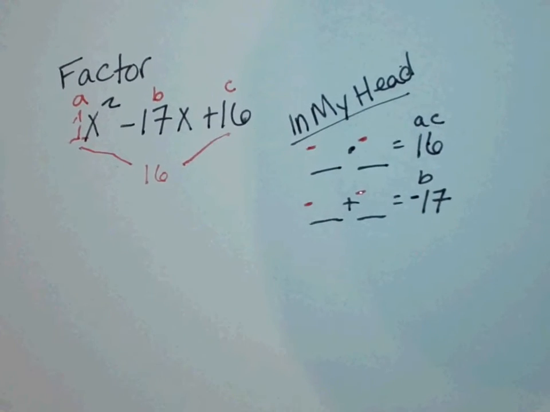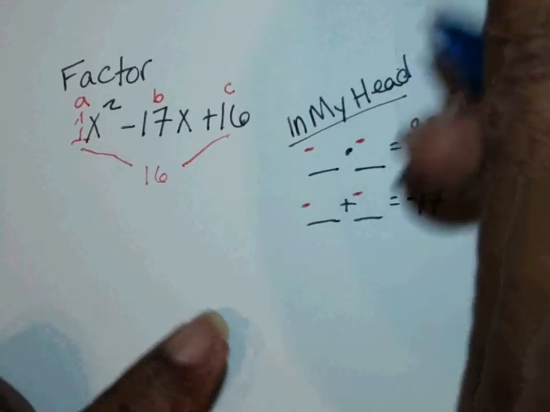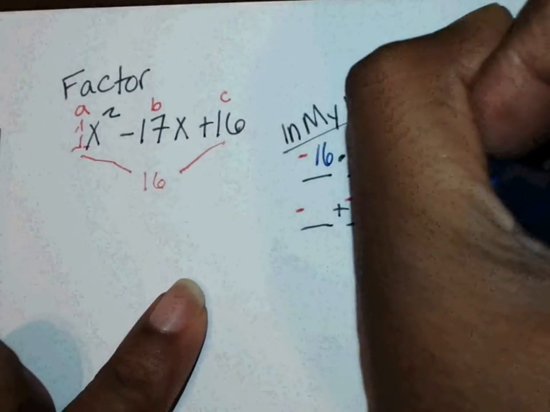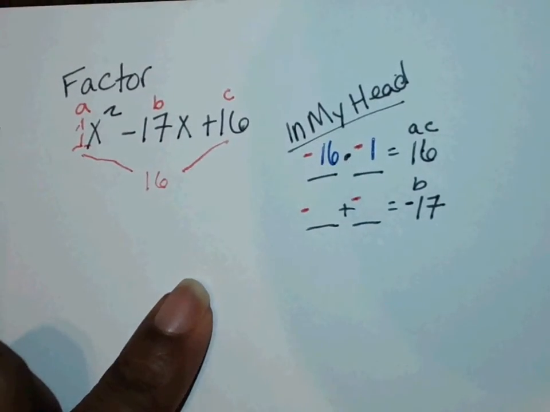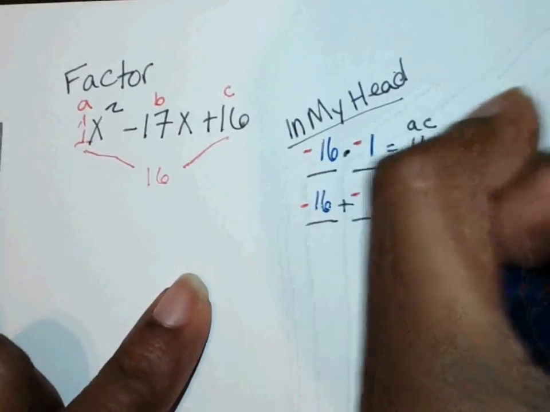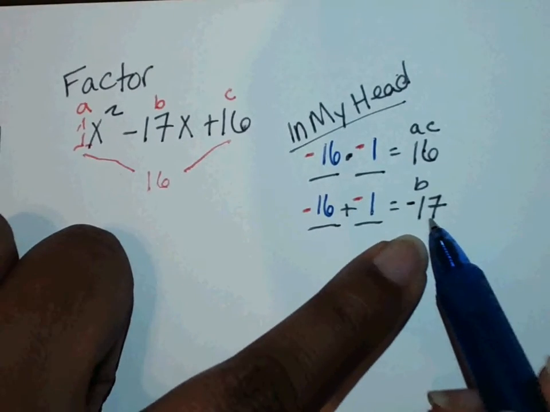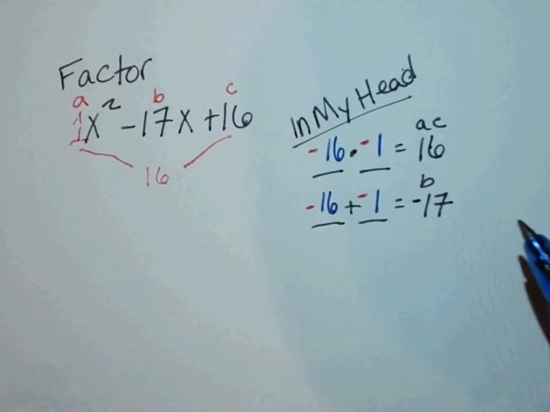It's 16 and 1. So what I'm going to do is I'm going to have negative 16 times negative 1. That gets me a positive 16. And then I'm going to have negative 16 minus 1, and that would get me negative 17. So I found my 2 numbers.